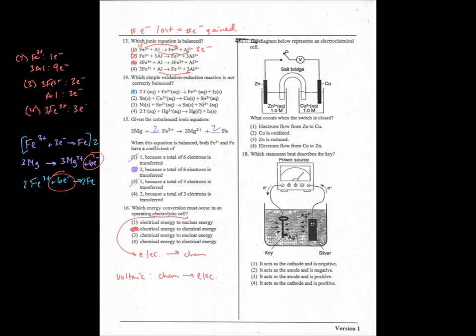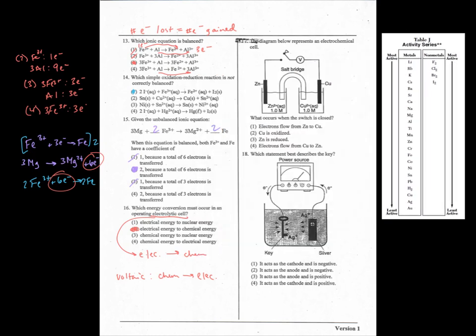Number 17, what occurs when the switch is closed? So that means it turns on. Here you need to look at table J. And table J will tell you that zinc here is more active than Cu.